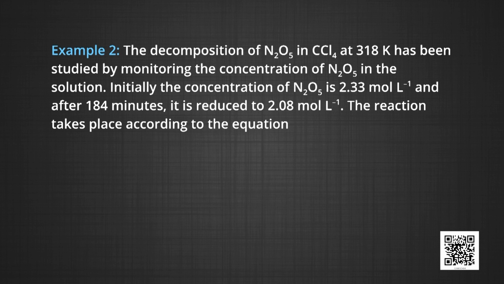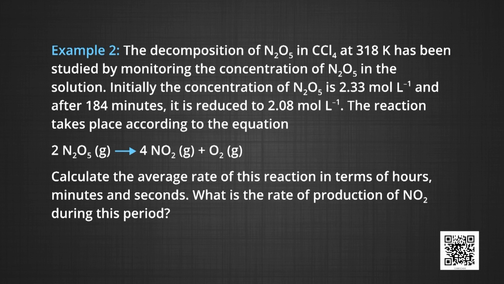The reaction takes place according to the equation 2 N2O5 (g) gives 4 NO2 (g) plus O2 (g). Calculate the average rate of this reaction in terms of hours, minutes and seconds. What is the rate of the production of NO2 during this period?